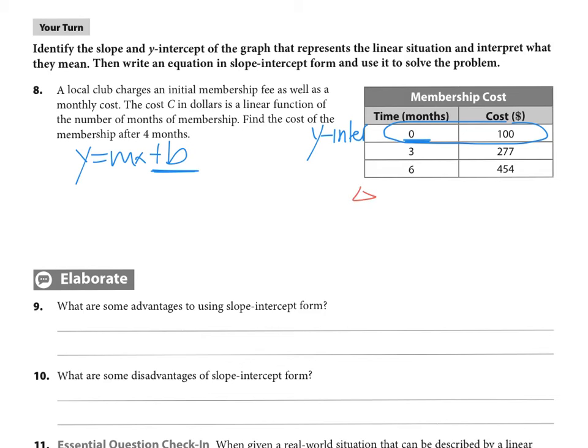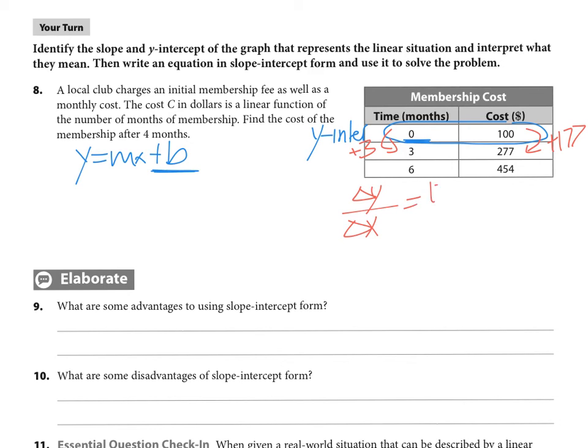All I do is change in y over change in x. Now, in this table, what is my y? Cost. My x is my months, time, okay? So what was my change in y here? Good, 177, went up. What was my change here in x? 3, okay? My change in months was 3.